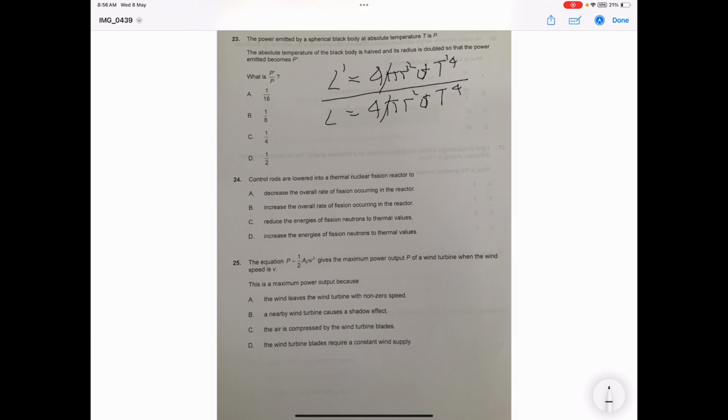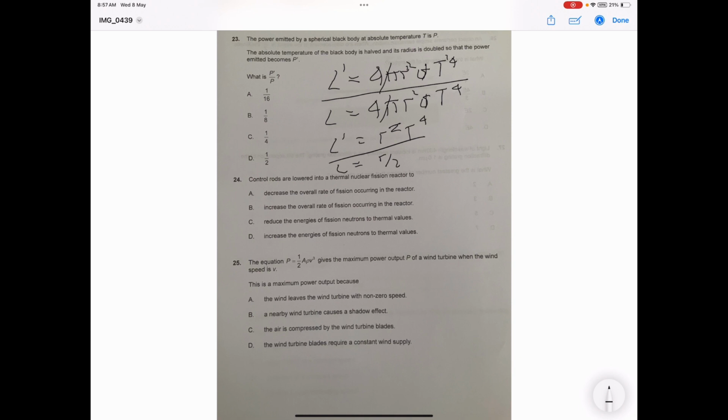Okay, so we're going to get L dash is equal to r squared T to the power 4, all over L. So the radius is halved, so it's going to be R over 2.